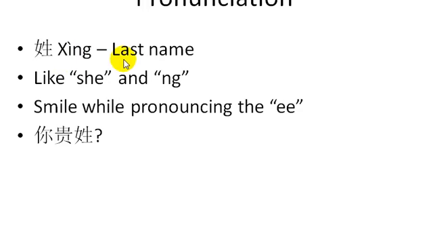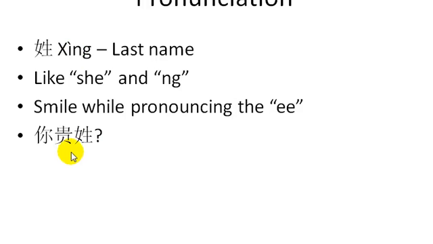Next we have xing, which means last name. And again, this xi sounds like xi, and you're smiling when you're pronouncing the e. So it's kind of like saying the word sheep, smiling, but instead of a p on the end, it's an ng on the end. Xing, and you're smiling while you're saying it. It's fourth tone. So let's try it together. Xing, xing, xing.